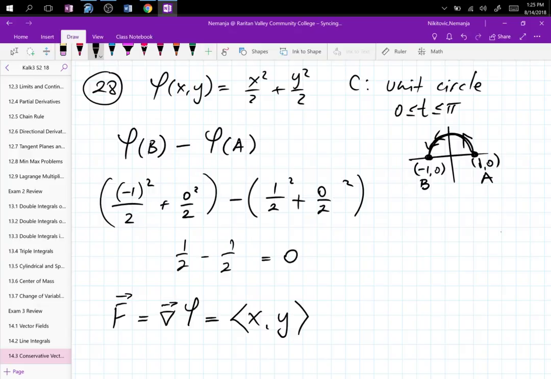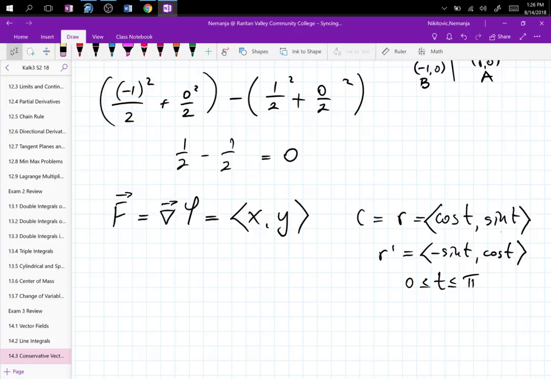So now we just need to crank the rest. We have our parametrization C, which is r equals (cosine t, sine t) in a vector, and then r prime is (negative sine t, cosine t), and t is between 0 and pi.